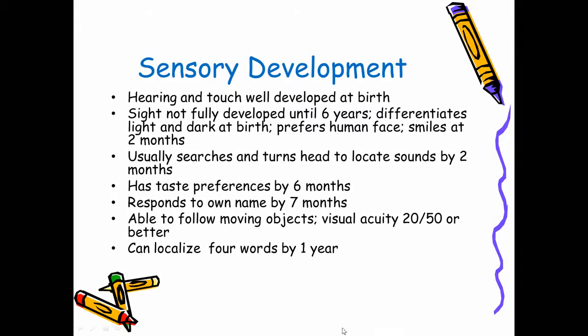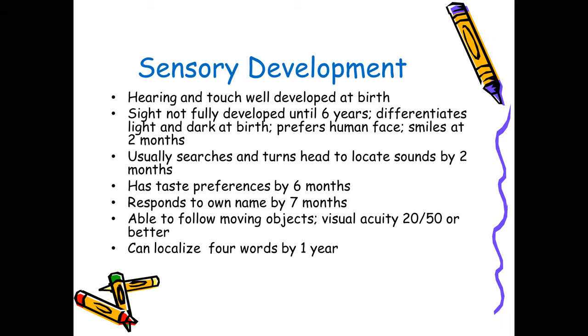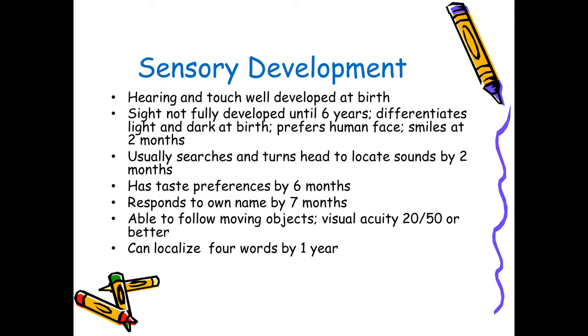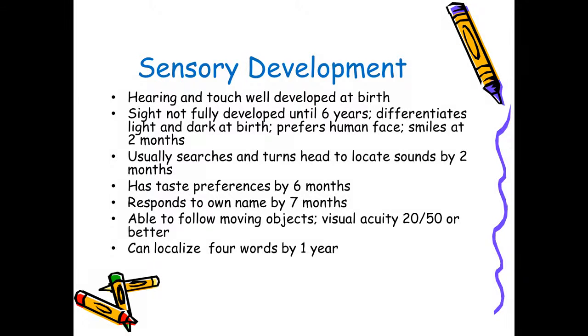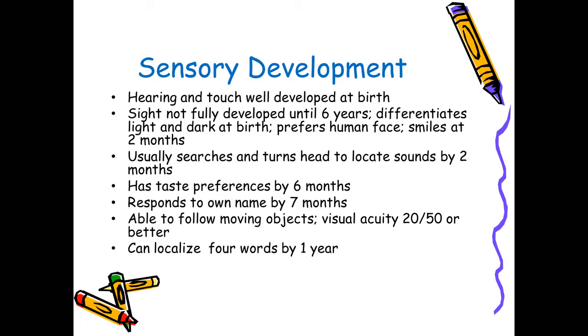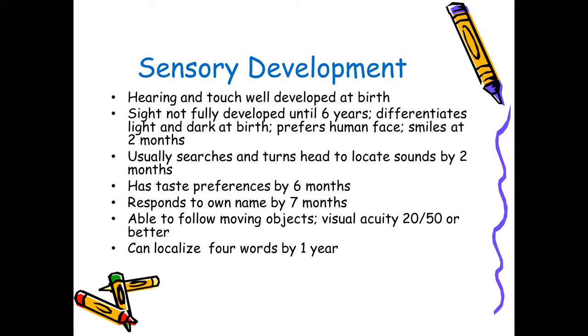All right, sensory development, such as with hearing. Hearing and touch are well developed at birth. They actually do a hearing test to make sure that the ear canal is clear. Sight fully develops at usually about age 6. However, you can actually identify if the child is having problems with their sight at age 3 and 4.